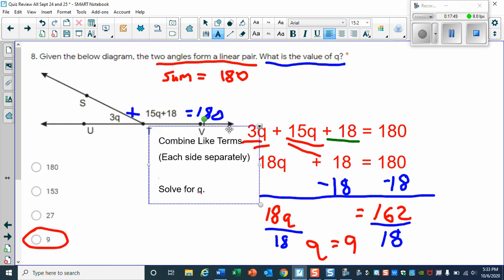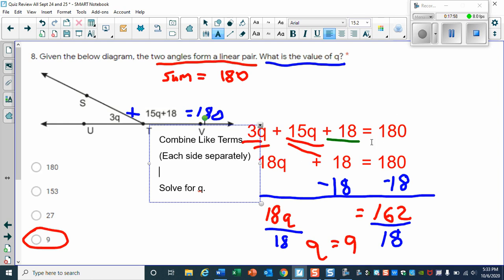Just in case we had to combine like terms on the other side of the equal sign. In this case, we don't have to because 180 is all by itself. Each side separately. 3q, 15q, 18q. And that's all because we can't combine the positive 18 with anything for now on the left side of the equal sign.